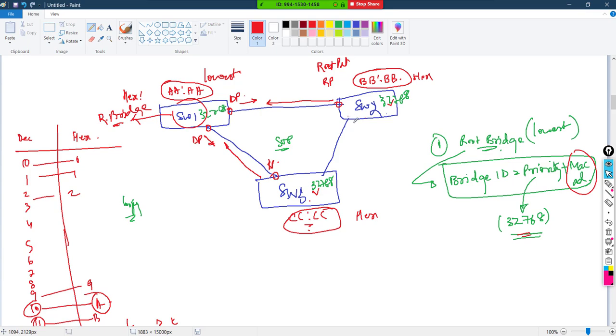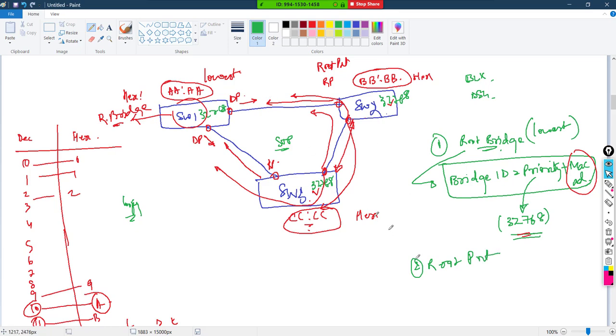Now the issue is on this segment. It can go in this direction or it can also go in that direction. In a similar way, this segment can also be taken in this direction to switch 1. Now one has to be blocked and one has to be designated. How do we decide that? The second step was to find the root port, which we have easily found.